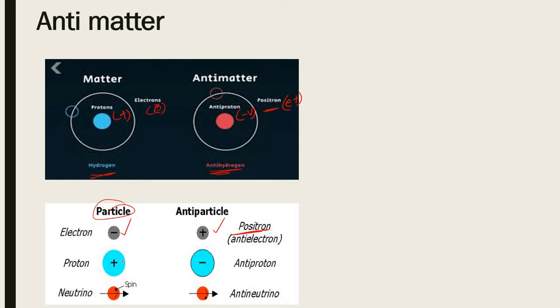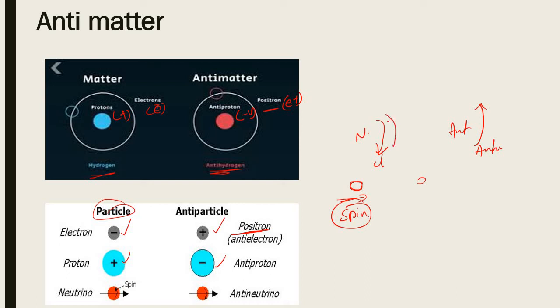Similarly, a proton in a normal particle is positive, and in an antiparticle or antimatter it is negative. But here comes the question. As for the neutron, we know its charge is 0. So how can we say which one is neutron and which is anti-neutron? The answer is spin. In a neutron, if the spin is clockwise, then in an anti-neutron the spin will be anti-clockwise.